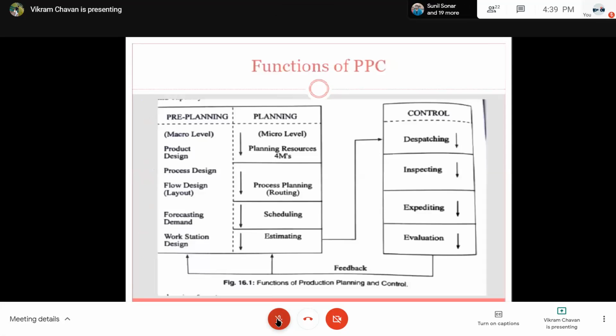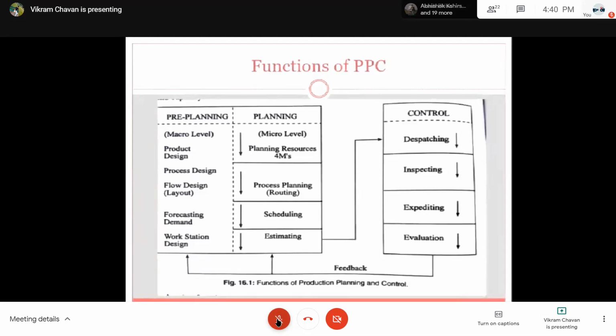Okay. So the next point is functions of production planning and control. Functions of PPC. Here you can see one diagram related to the functions of production planning. This particular function can be classified in three categories.